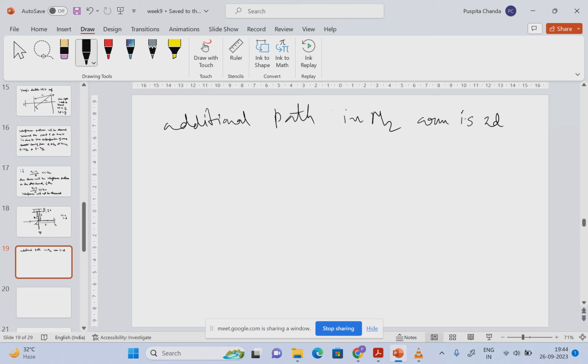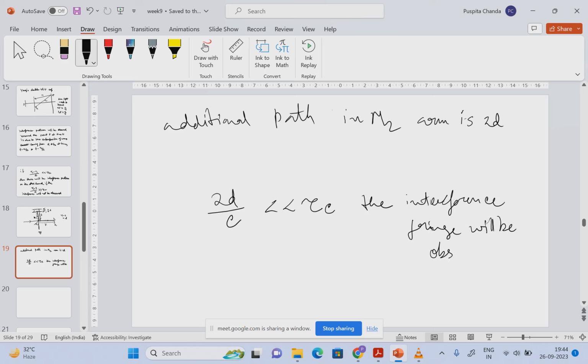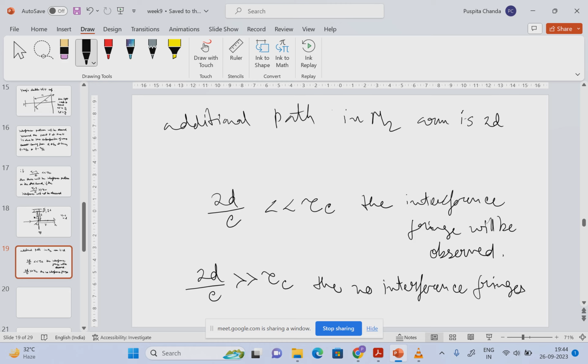If the distance 2D by C is less than tau C, then only interference fringes will be observed. Otherwise, there will be no fringes.